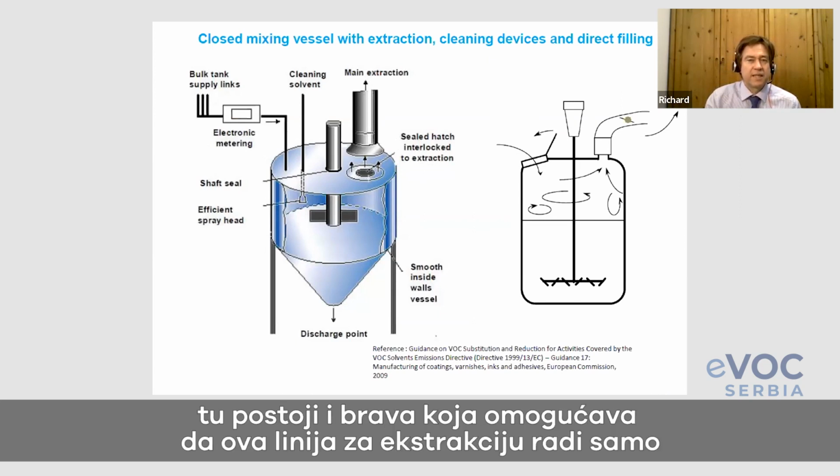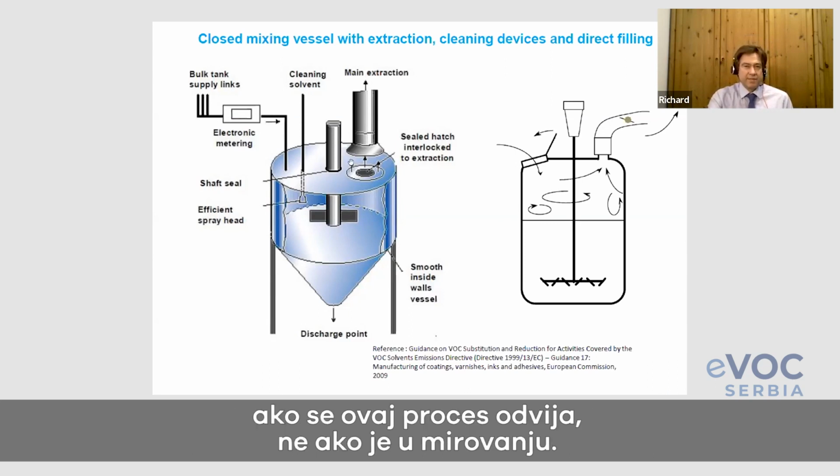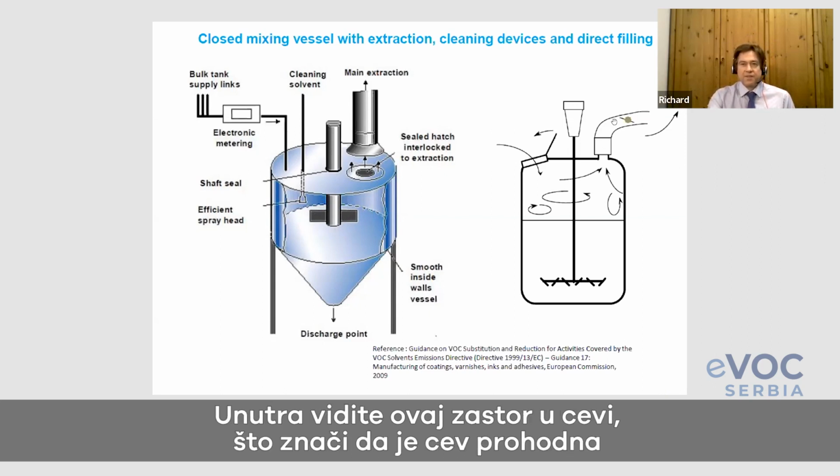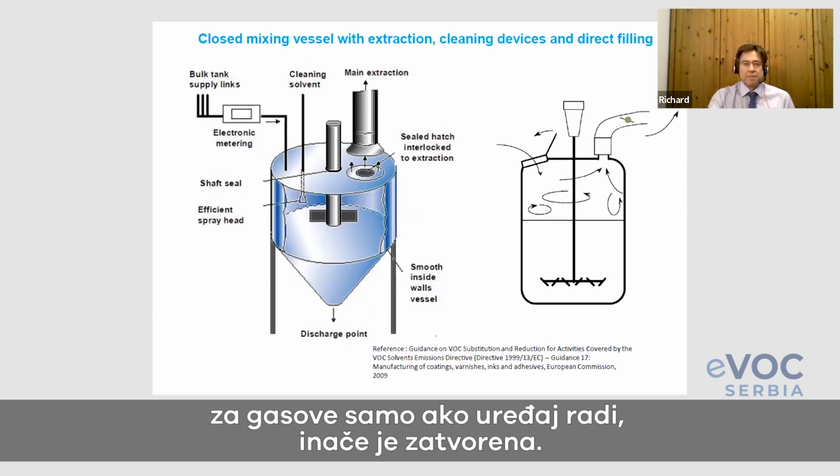The good thing is there's an interlock, so that the extraction line is only operated if this process is running, and not, for example, in an idling situation. Here you see this flap inside the channel. So this extraction is only open to the waste gas abatement if operation really takes place. Otherwise, it is closed.